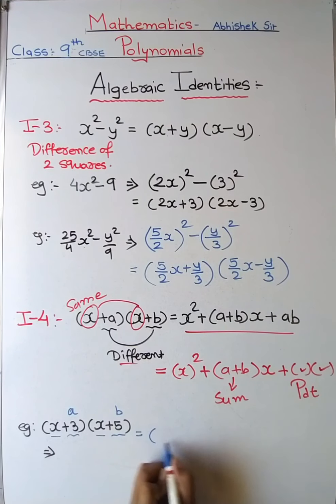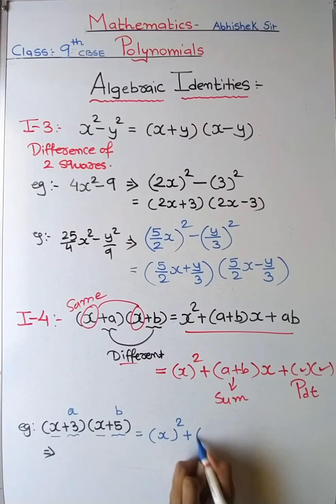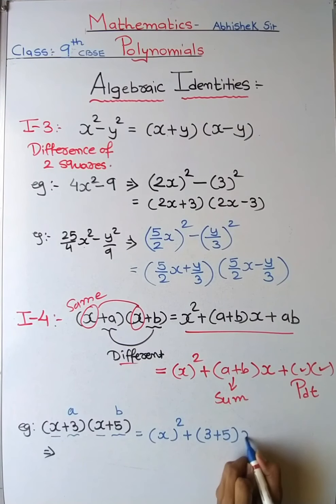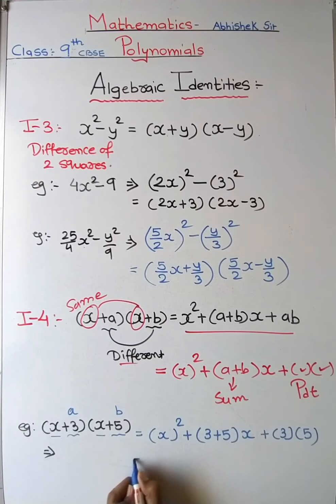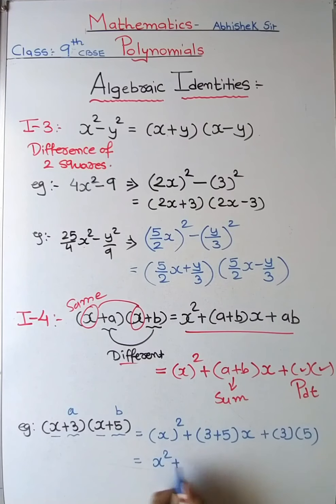Now let us start the solution. Square of the first term, that is x square, plus in bracket adding these two numbers 3 plus 5 and writing x after that, plus multiplication of those two numbers. So the final answer is x square plus 3 plus 5, 8x, plus 3 into 5, 15. So this is our solution.